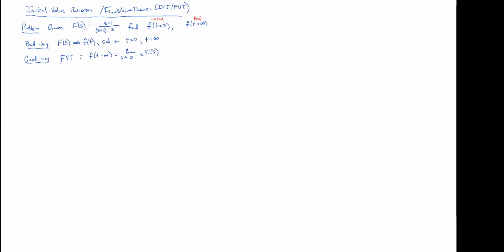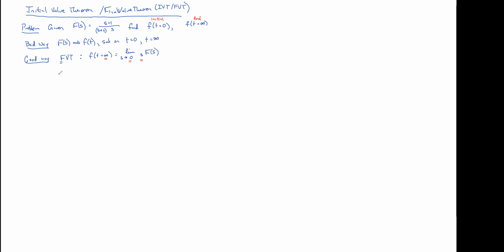And this way you do not need to do an inverse transform. So a couple of things to realize. The first is that you're multiplying by s. And the second is that when you want to make it infinity, you plug in 0 for s.